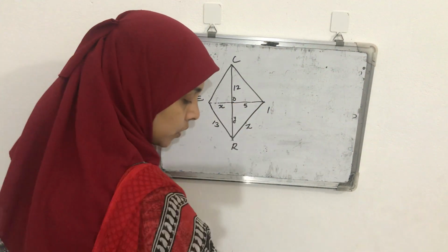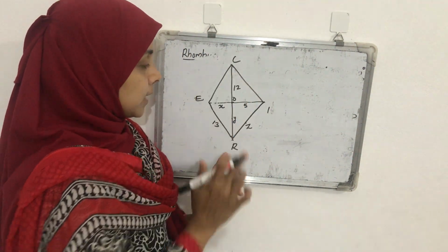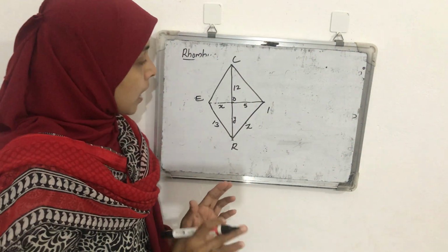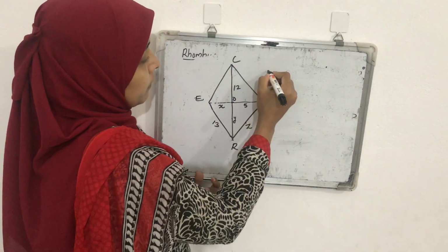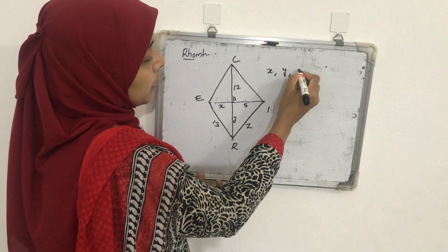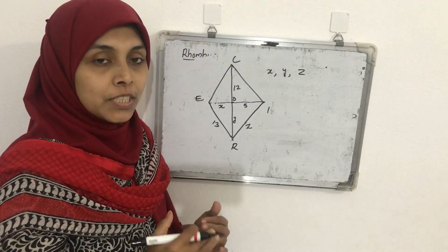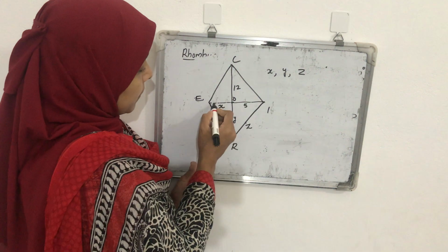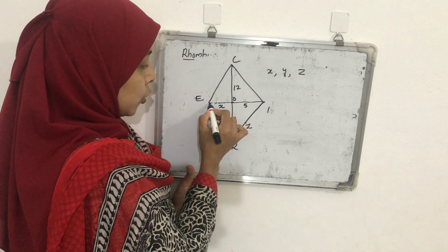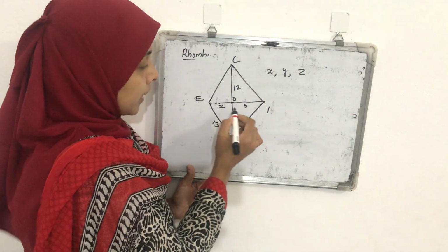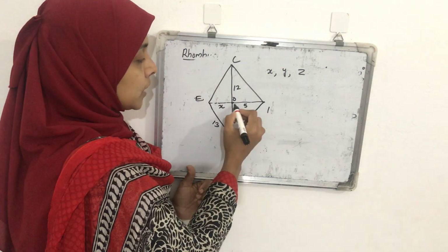We want to find out the values of X, Y, Z, where RICE is a rhombus. Using the properties of a rhombus we can find X. We know X is half of this diagonal, and OI is given as 5.